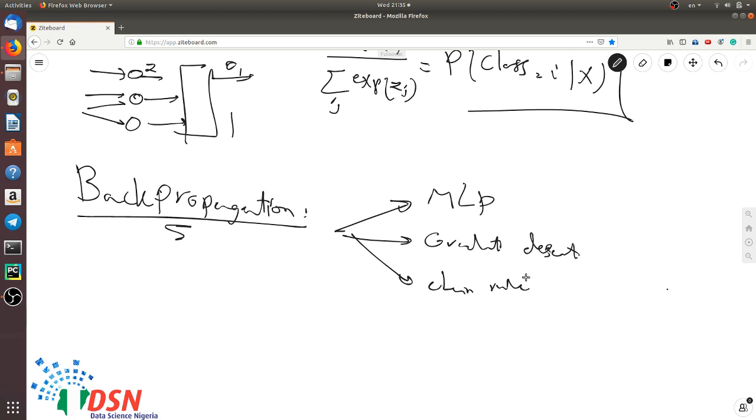Okay, so let's say we have the loss function, which we know now is the sum. We don't need to consider 1 over n because it does not actually change the mathematics a lot.